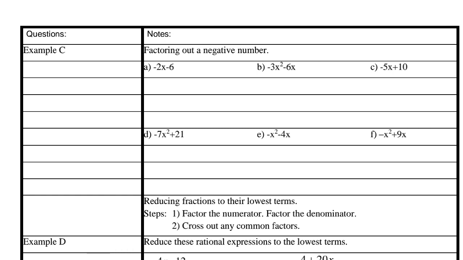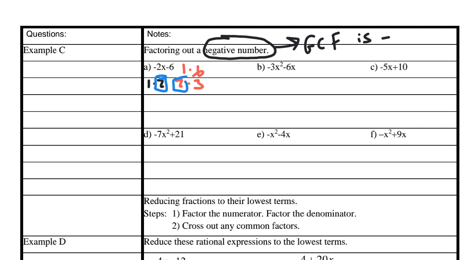So example C is looking at what happens when you have a negative number in front. So if you look at all these examples here, now we have a negative in front. So what you do is you do exactly the same thing, only this time your greatest common factor is going to be negative. Okay, so I break down 2 and 6 just like I did normal. So 2 is 1 and 2, 6 is 1 and 6, and 2 and 3. Identify your greatest common factor as 2.